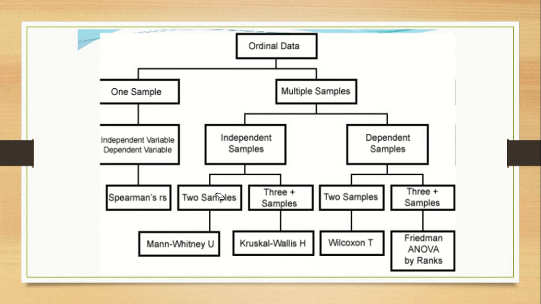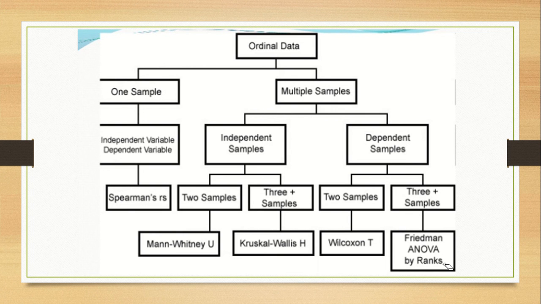If there are two samples, you use Mann-Whitney U. Otherwise, if there are 3 plus samples, you can use Kruskal-Wallis H. And for multiple samples, the other part, if you have dependent samples, we also check if there are 2 samples. So we use Wilcoxon T. For 3 plus samples, we use Friedman ANOVA by ranks.